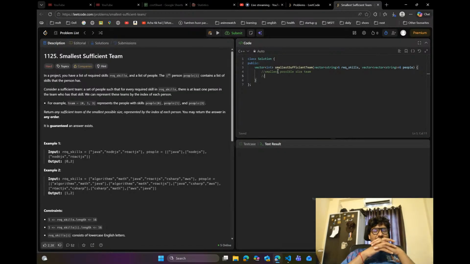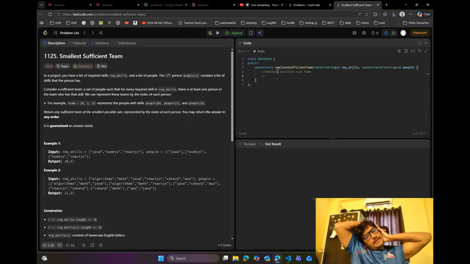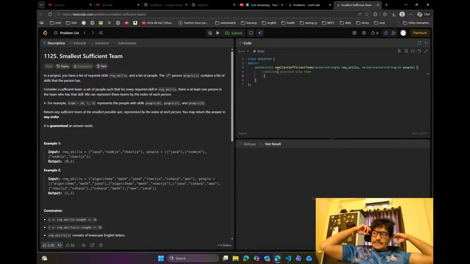It seems like a decision cycle or something like that. It is guaranteed an answer exists, right? And we have to make up all the skills. What we need to ensure is that we are choosing the smallest number of people to form the team. So we have to choose the smallest team and make the whole set.